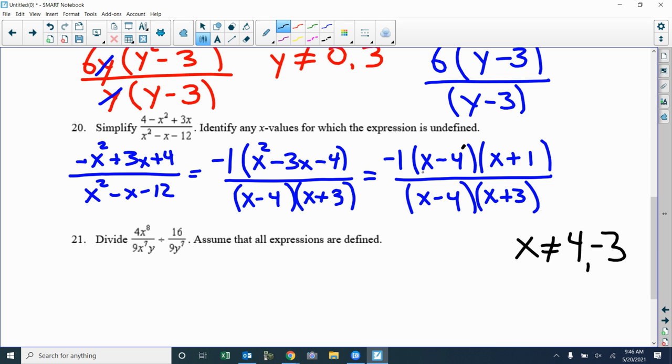Yeah, we have some canceling to be done. And so we would be left with negative 1 out front, x plus 1 on top, and x plus 3. So the black color there is the correct answer when we're done.